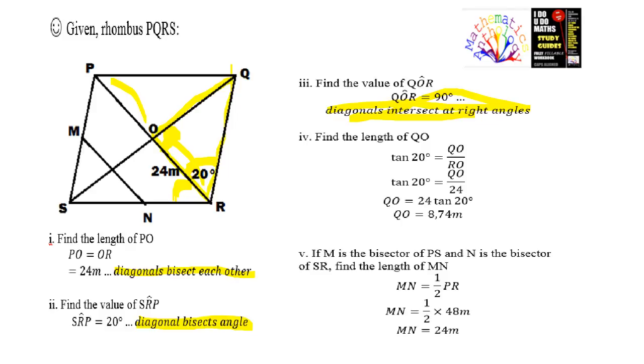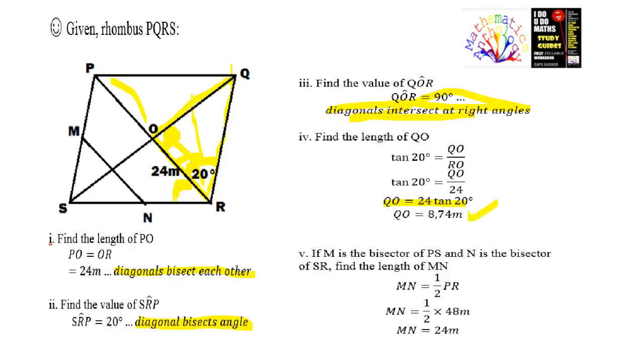I'll choose tan because tan of 20 is opposite over adjacent. So opposite 20 is QO and adjacent to 20 is OR. So tan of 20 will be QO over RO, and RO is 24. If I cross multiply, QO will equal 24 times tan 20, which is 8.74.